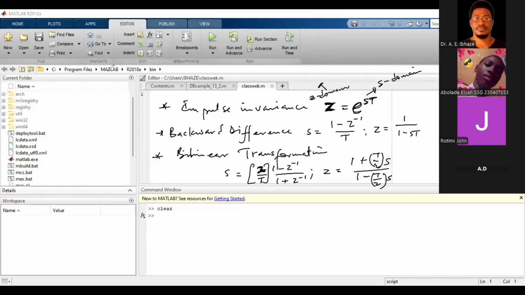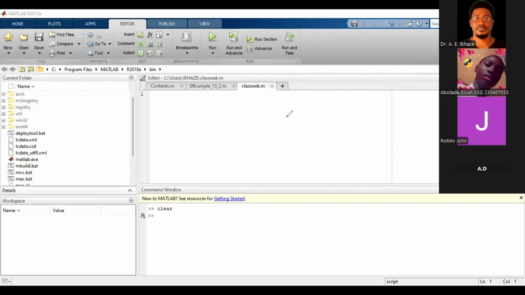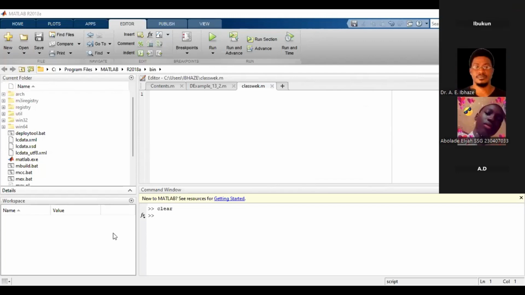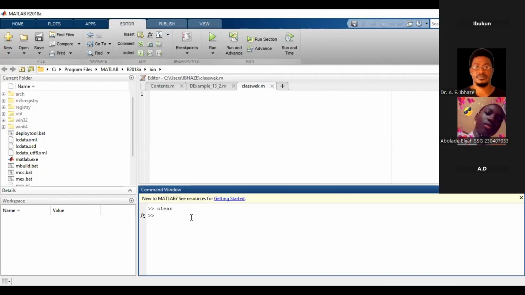Okay. So this is more like a MATLAB interface where we have the M file. I already created this. You can create yours and save it whichever way. On the M file, I will just type in my code, then I will run. Once I run, we should get the output. In the command line, we are also able to see what is going on.